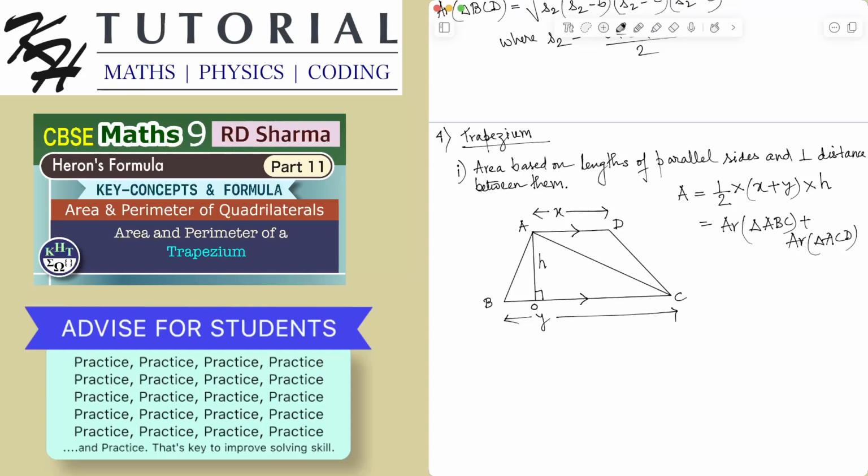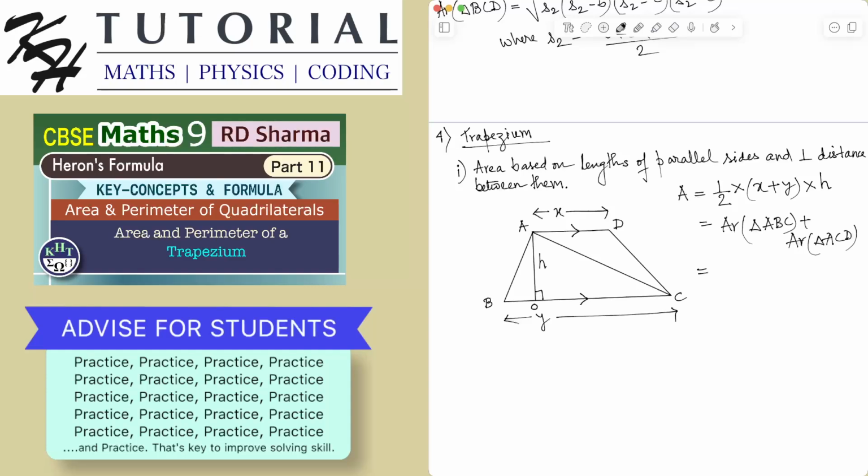Now, please note that AO, that is the altitude, will be the altitude of the triangle ABC based on the side BC. Also, AO will be the altitude of the triangle ACD based on the side AD. So, in triangle ABC, what will be the area?